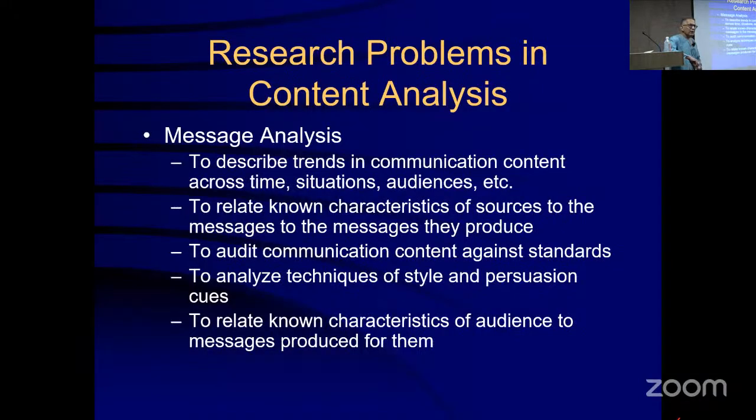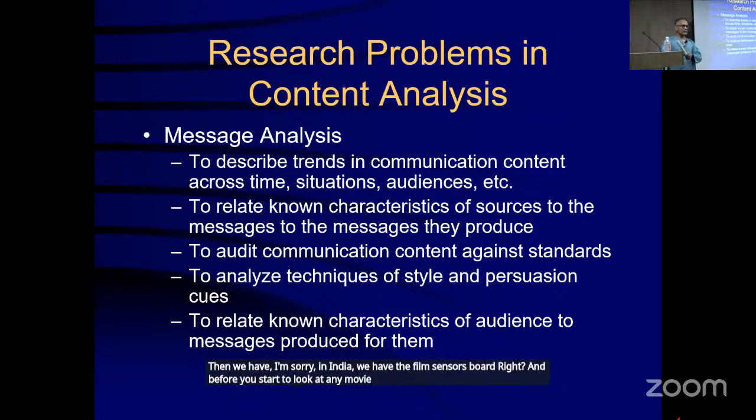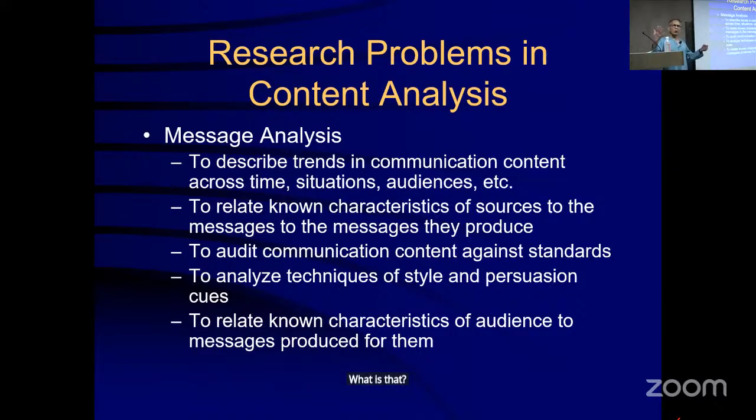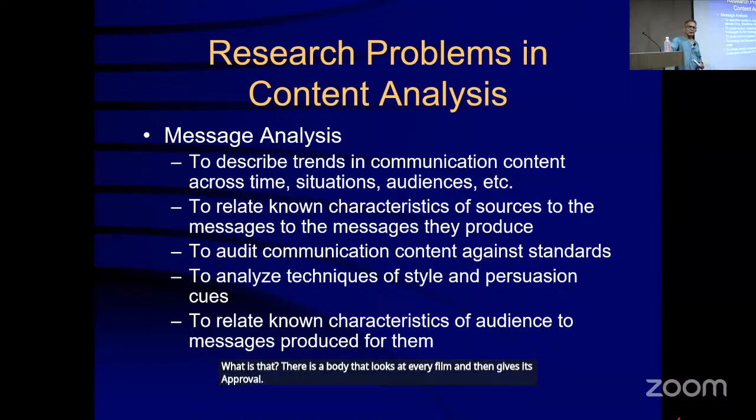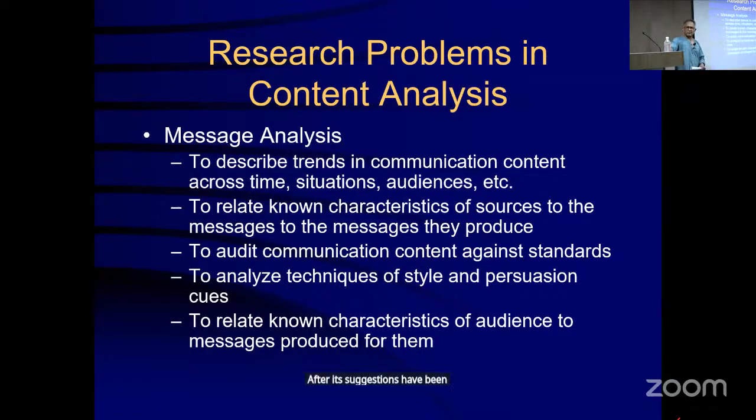Then in India, we have the Film Censors Board, right? Before you watch any movie, you see the certificate. What is that? There is a body that looks at every film and gives its approval after its suggestions have been incorporated. The censor board. On what basis?